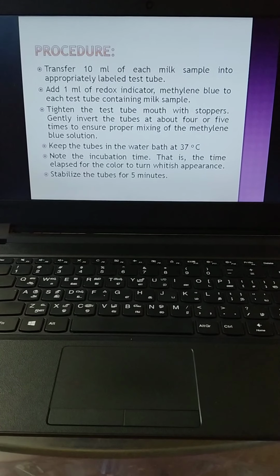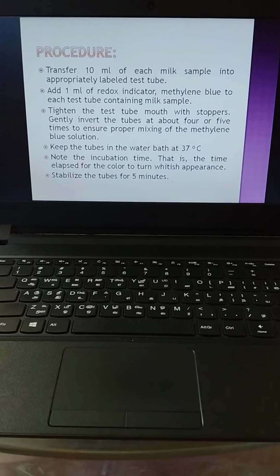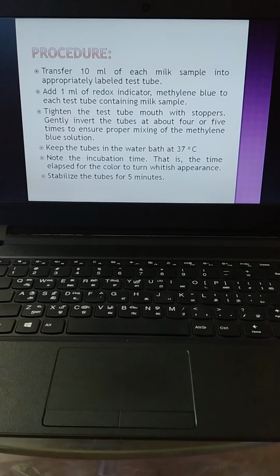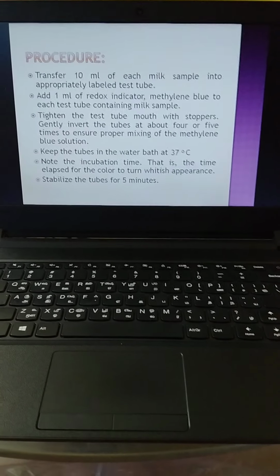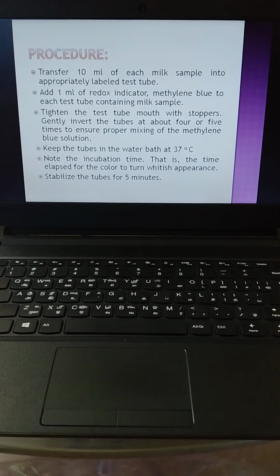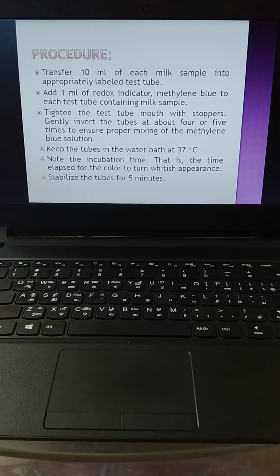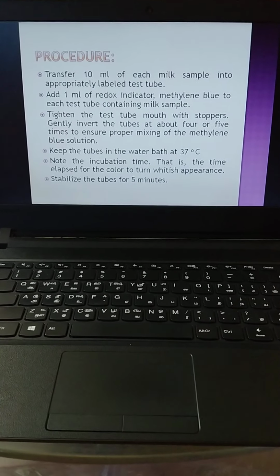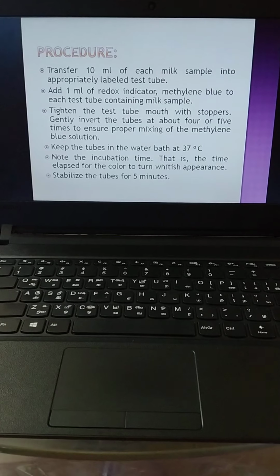The procedure to carry out this experiment is that we take 10 ml from the milk sample being considered, put it in a test tube, and label that test tube. After that, we add 1 ml of the redox indicator methylene blue to each test tube containing the milk sample.